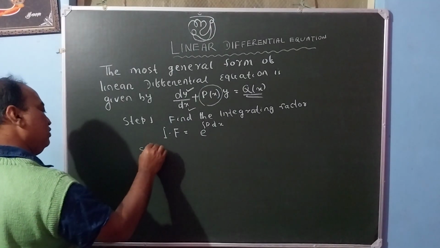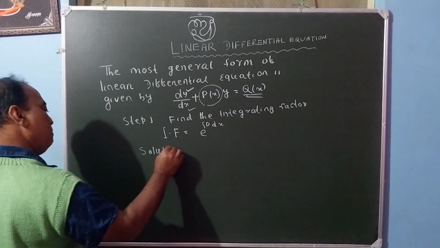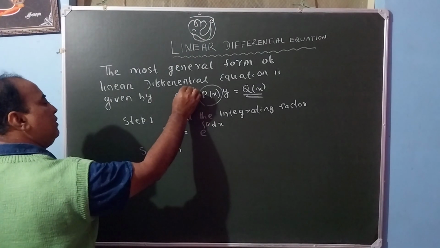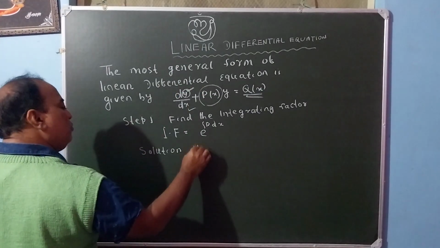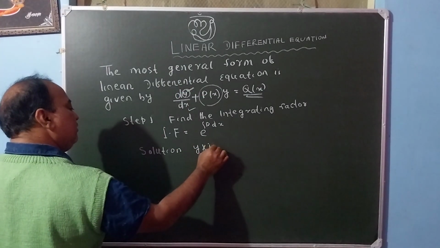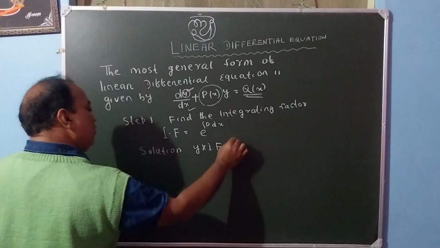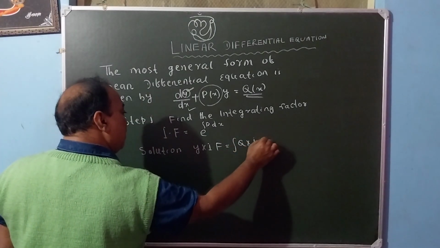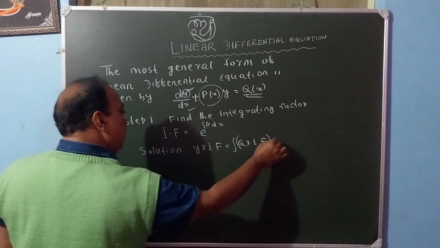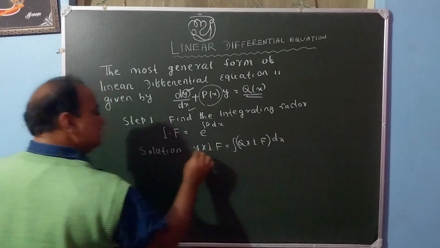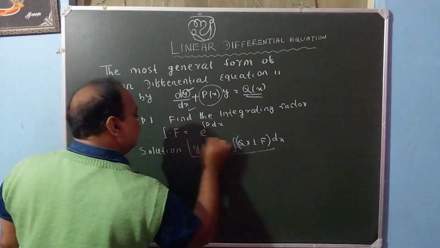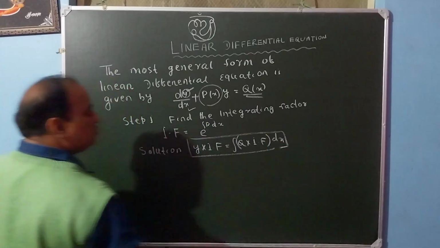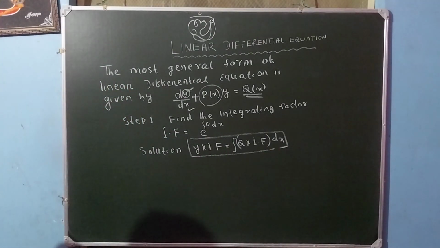Solution: write down, the solution is y into integrating factor is equal to integral of Q into integrating factor, whole into dx. Okay, this is the solution of the differential equation.